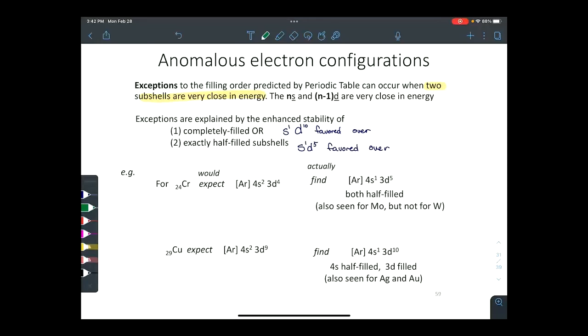Basically, the electron configuration for some of the D block metals is favored. The more favorable electron configuration is when you can make a half-filled D block, so having 5 electrons in your D shell, or if you completely fill your D block, so having 10 electrons in your D shell.